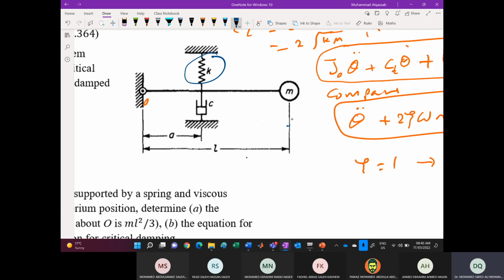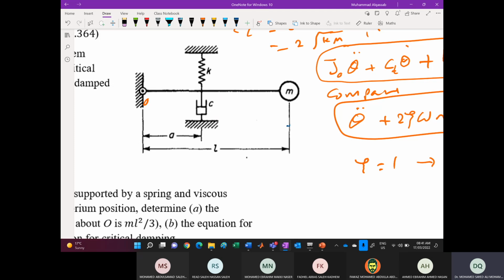They will cancel each other. Or you can think of this as looking from the top, where it is vibrating horizontally. So you don't put the weight. If you put the weight, you have to put K delta, so they will cancel each other.